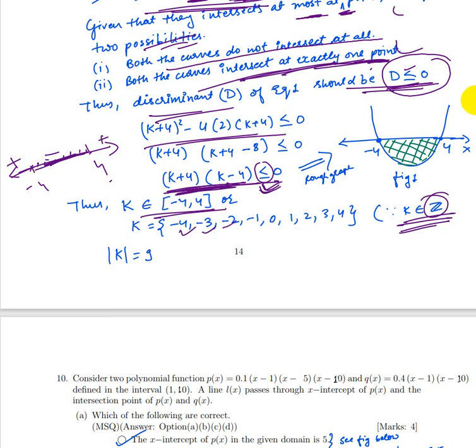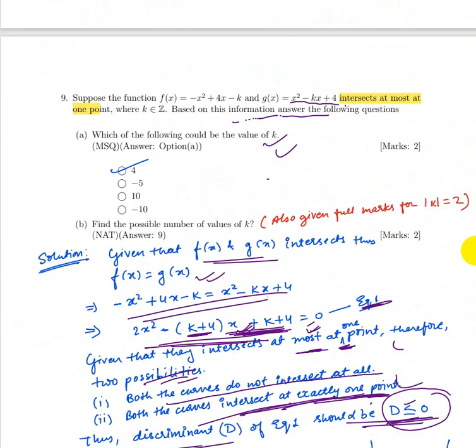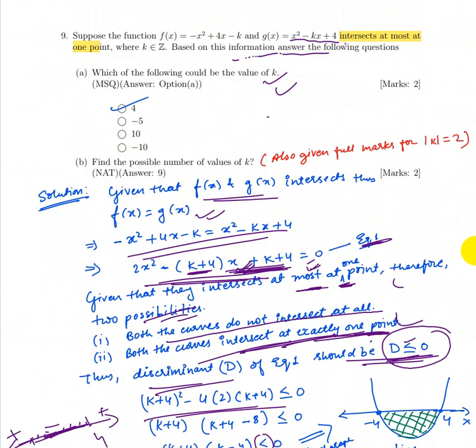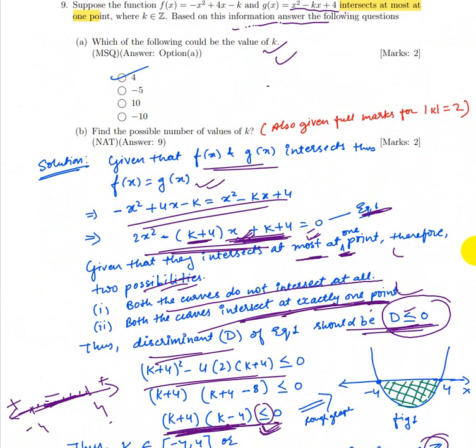So the favorable answers can be -4, -3, -2, -1 and up to 4. So the cardinality of this set of k is 9. Possible number of values of k is 9 and the value of k is 4.